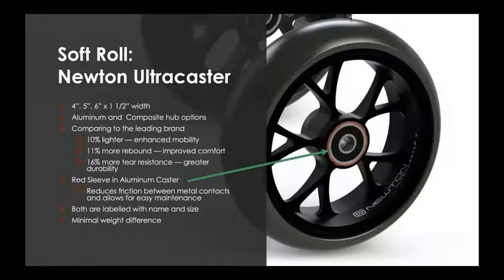That's all it does. They're both labeled with names and size, and there is very minimal weight difference between the aluminum and the composite hub. So if you really think you want more durability, you're not necessarily sacrificing by going with the aluminum hub. Yeah, very minimal difference. I don't think I could tell the difference on that.